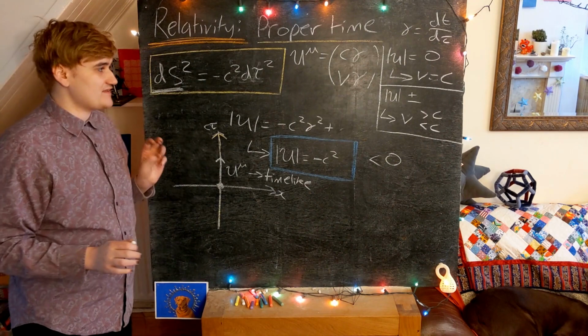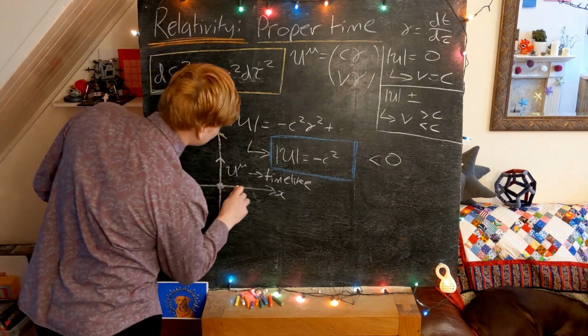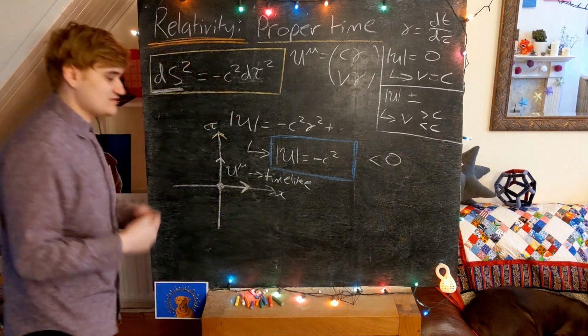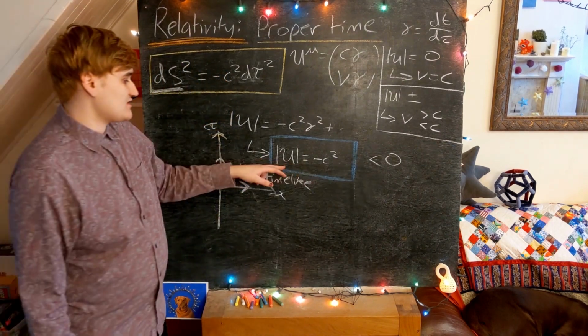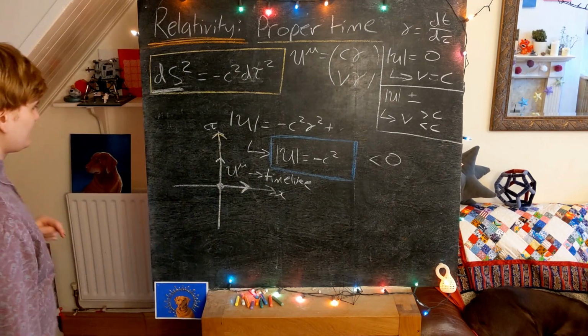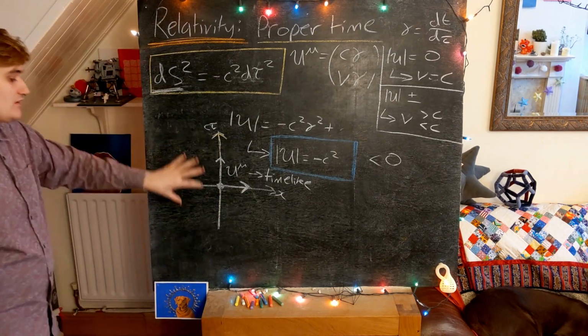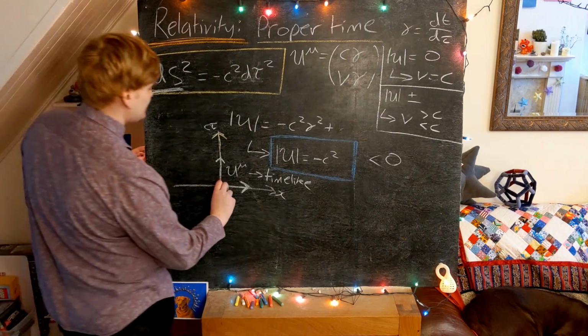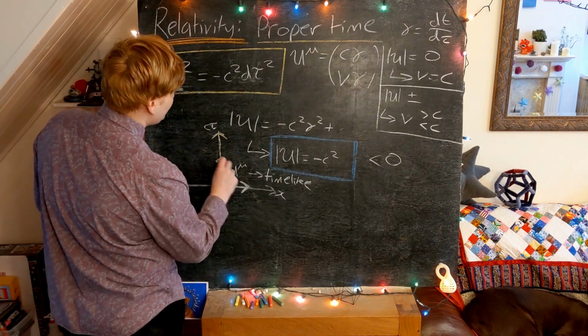We could have done this the complete opposite way around and started just by considering a purely space-like vector, and we would arrive at something similar, except that the magnitude would be plus c squared. Okay, but for now let's just work with time-like observers.